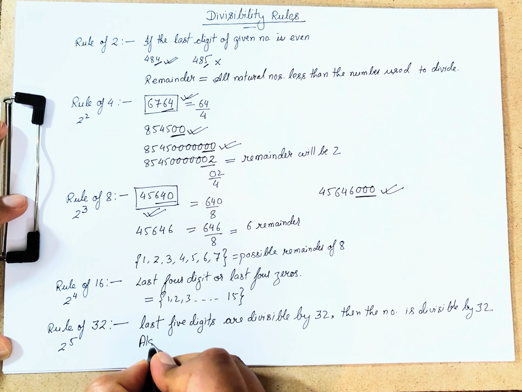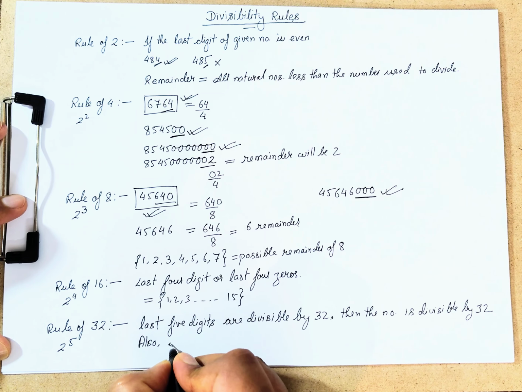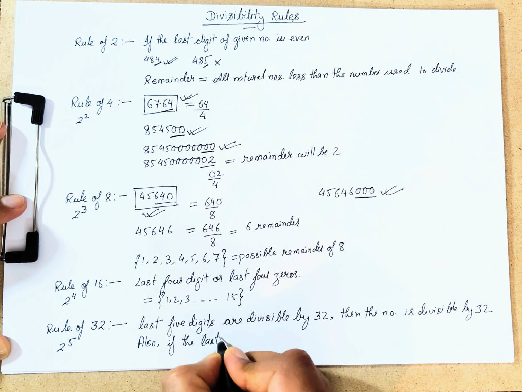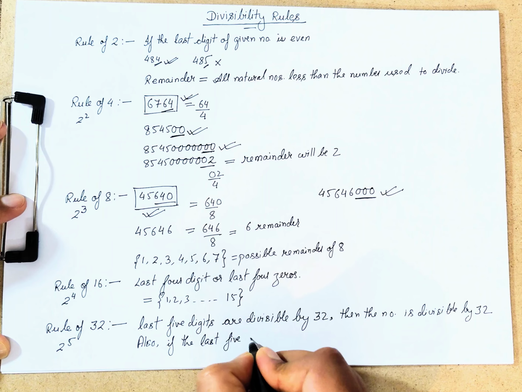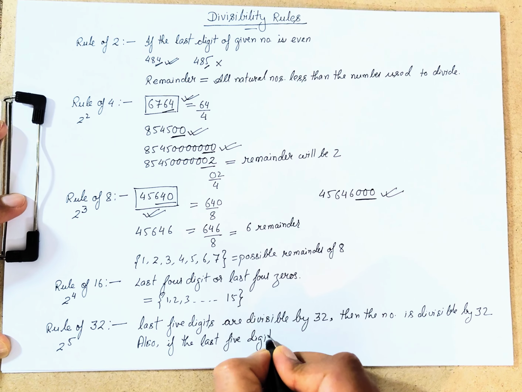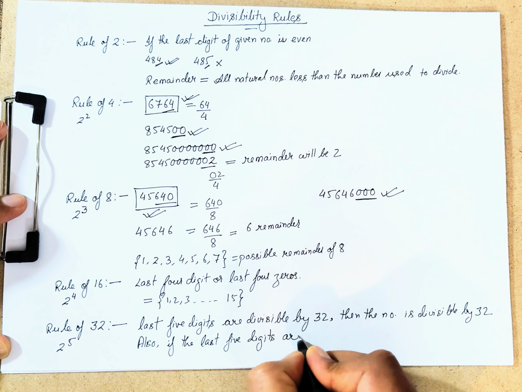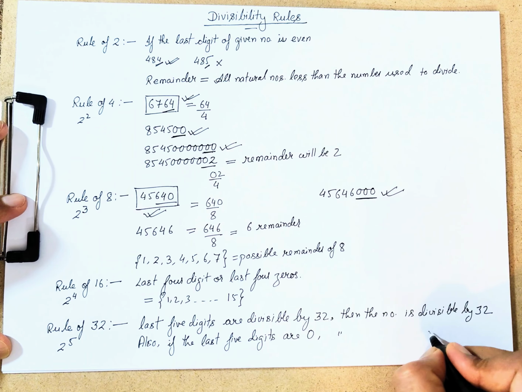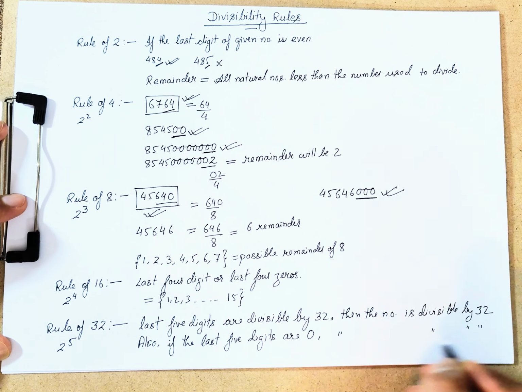Also, if the last 5 digits are 0, then the number is divisible by 32.